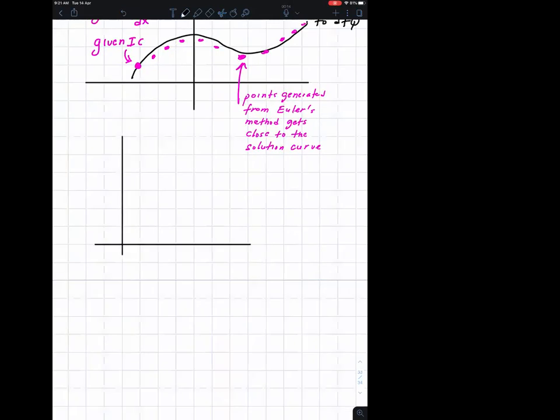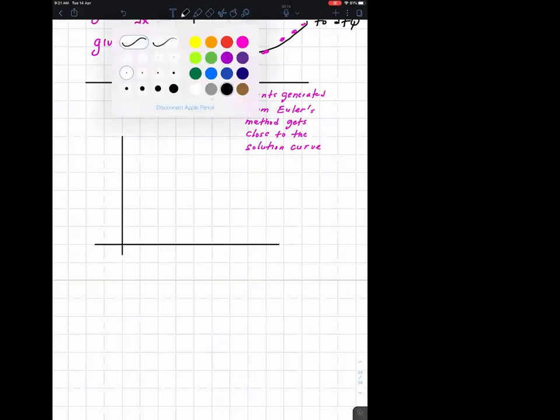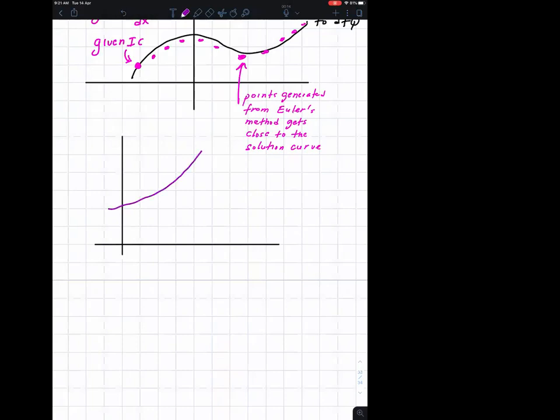Now we will see how the formula is developed. For example, here is what we have. You have a curve. You have the actual solution, the actual point.